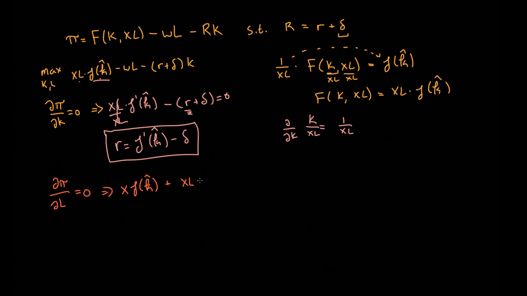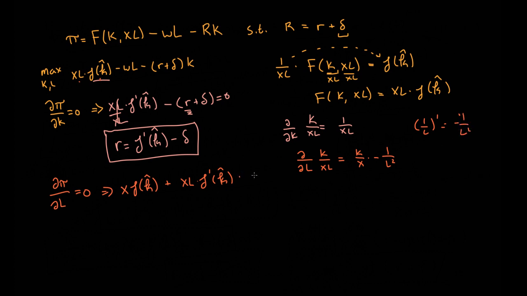We use the chain rule: the outside will be f prime of k hat, and the inside, again, we take the derivative of k over xl with respect to L, which is k over x times minus 1 over L squared, because the derivative of 1 over L is minus 1 over L squared.